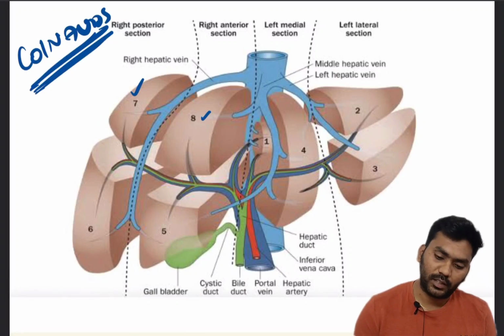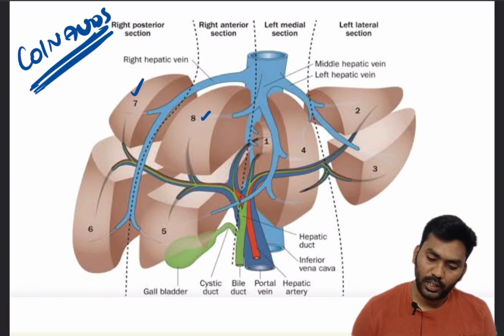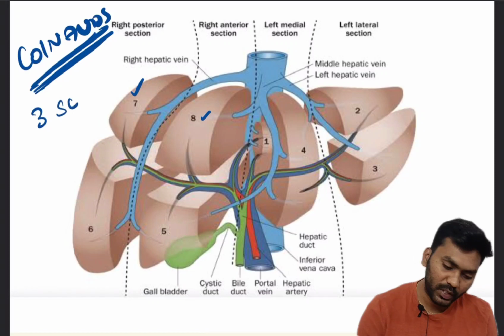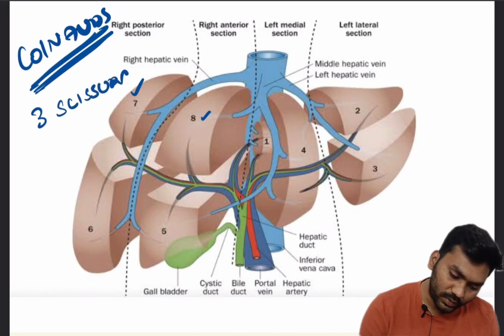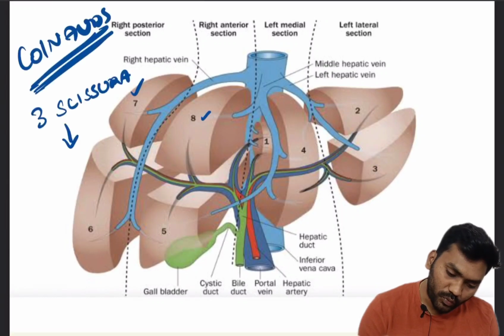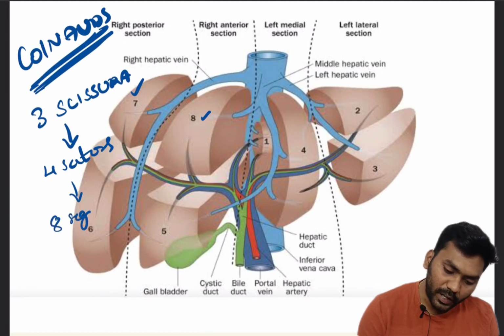So in this division, these 3 scissurae will help us to divide the liver into 4 sectors, thereby dividing them into 8 segments.